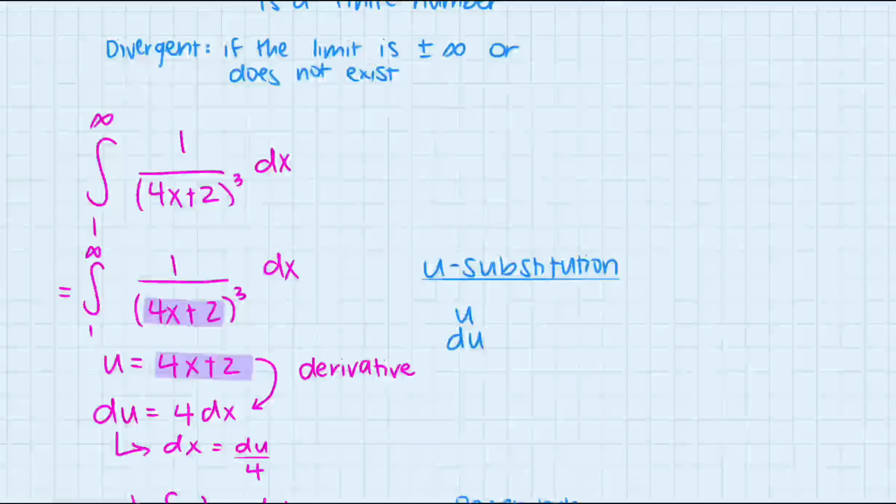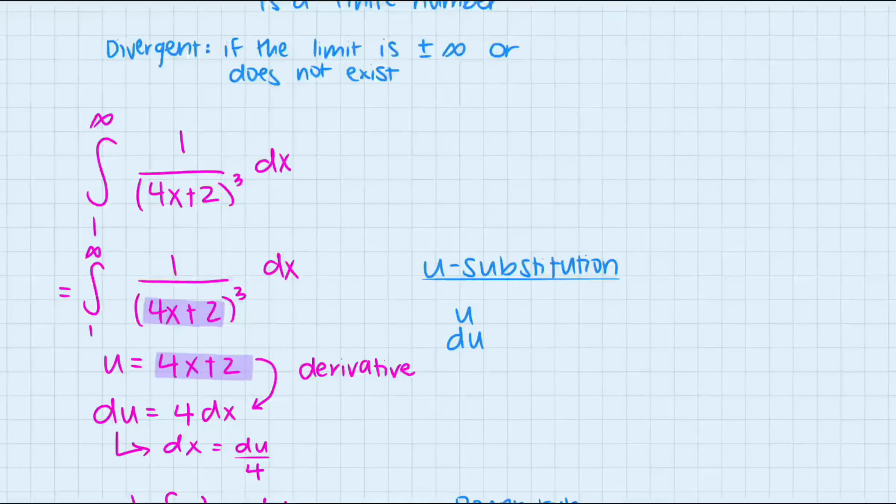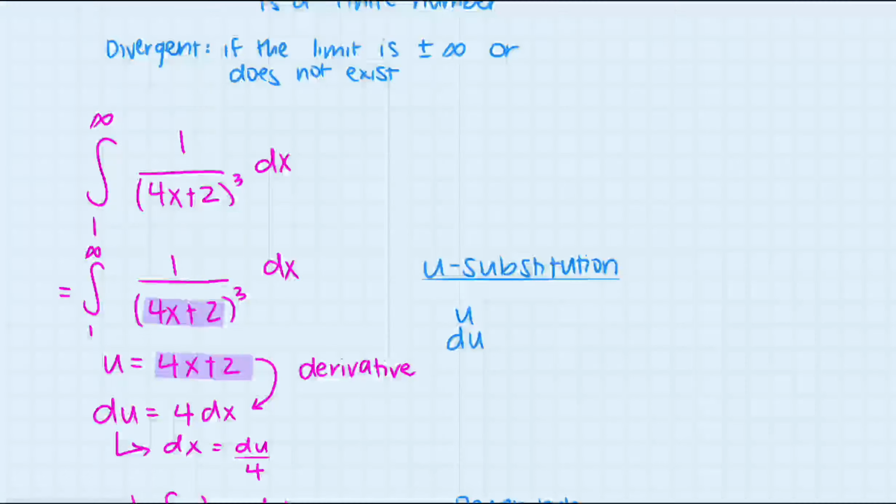In the u substitution method, you pick a part of the integral that has an easy derivative to simplify the solution. For this integral, the most complicated part that has a derivative is 4x plus 2, everything that's in the parentheses that's getting cubed. So we're going to pull that out and call that u, so u equals 4x plus 2.